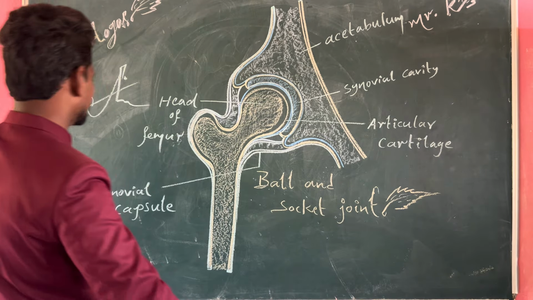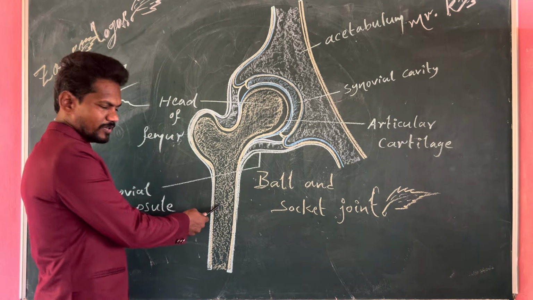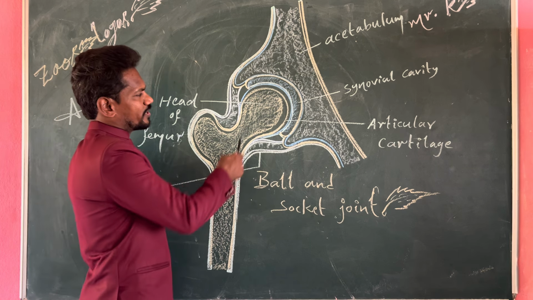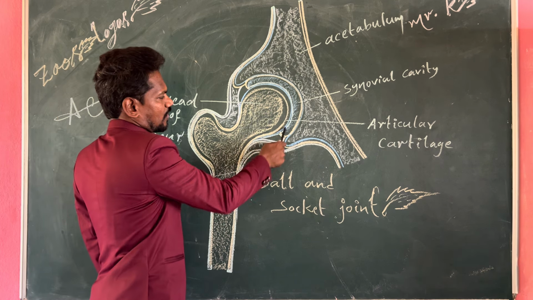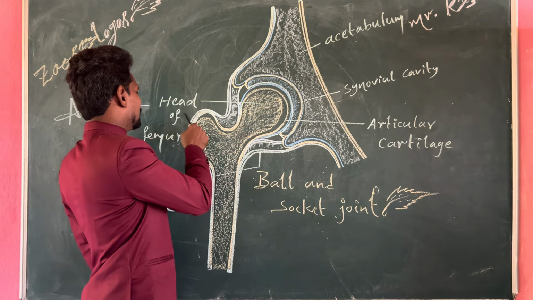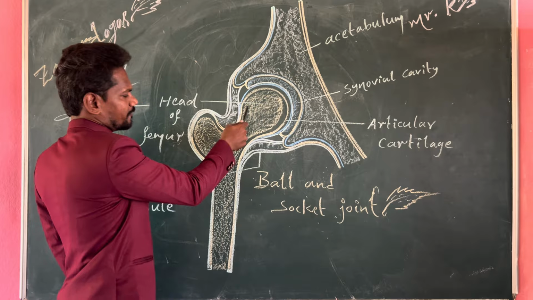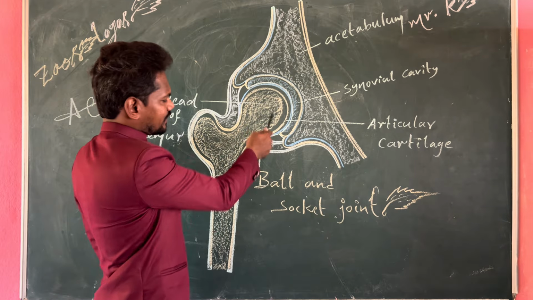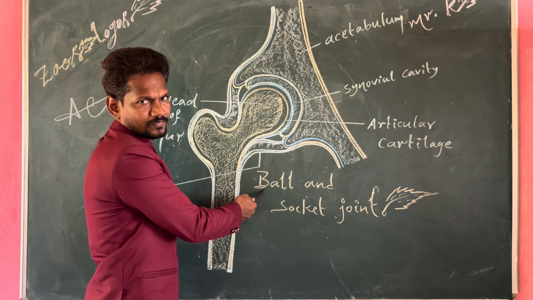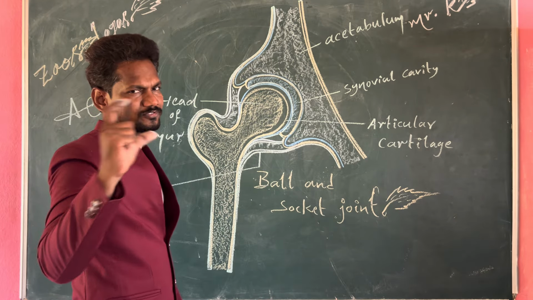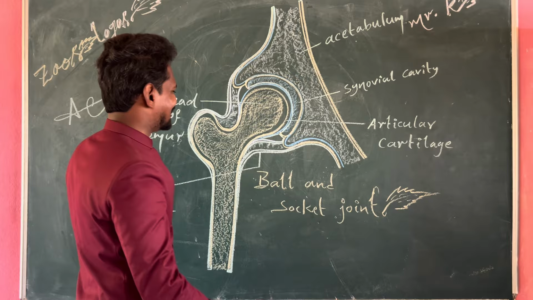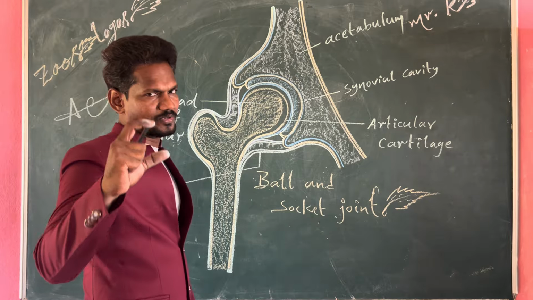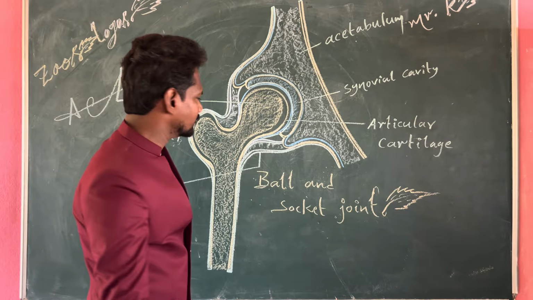And here, this bone is called femur, and the femur bone has one round shaped structure that is called head of the femur. Commonly we can consider this as a ball, like a cricket ball or football. Size is minimum, not like a basketball.